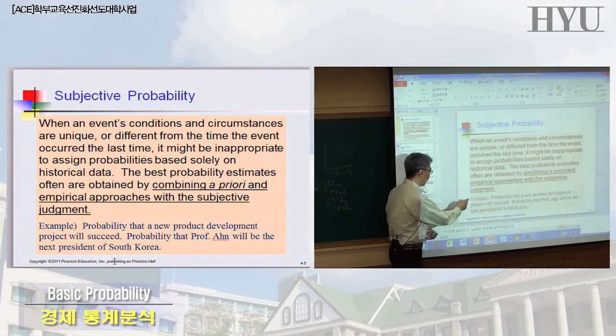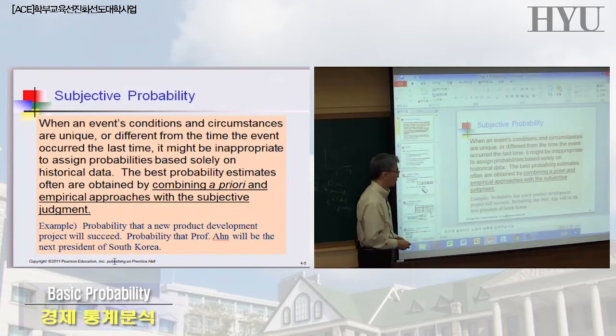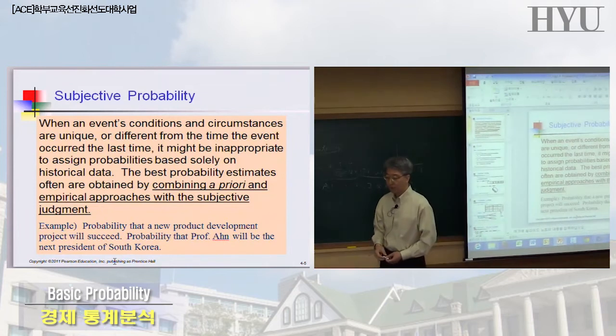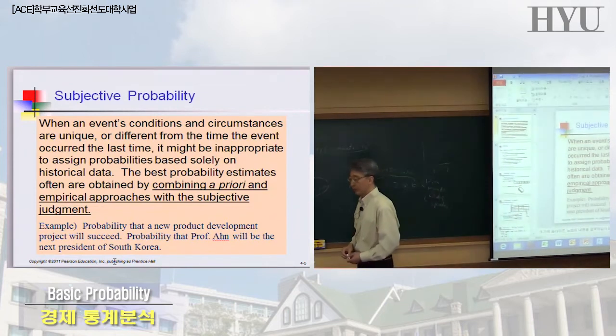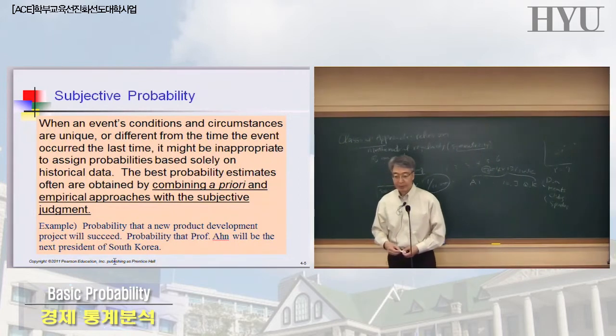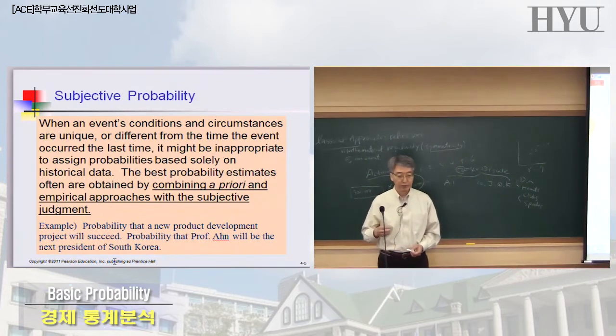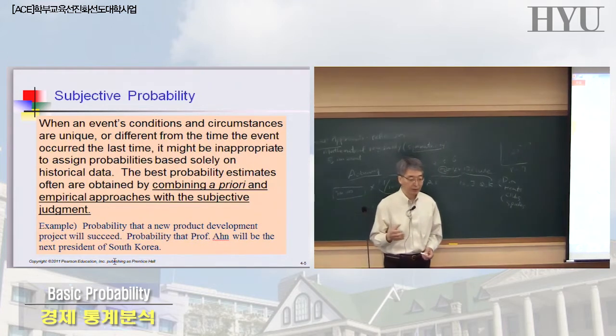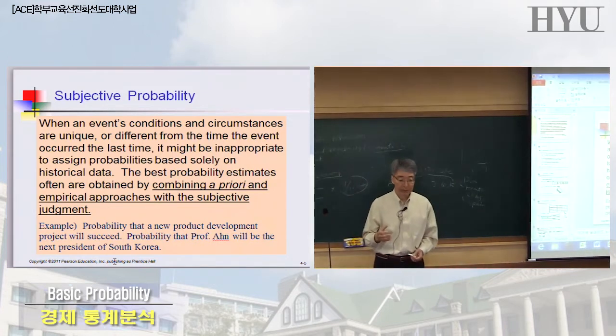A good example is the probability that a new product development project will succeed. You are developing a completely new product. This kind of product has never existed before. But in order to figure out what the cost will be, and whether this development is profitable or not, you'll have to come up with the probability of success.